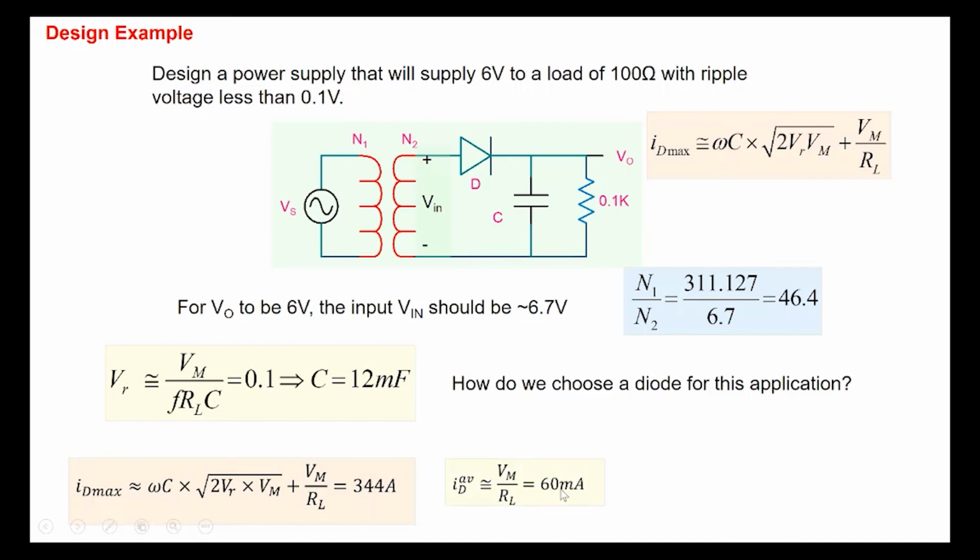Average diode current is 60 milliamperes here. The output voltage was 6 divided by 100 ohms, 60 milliamperes here. And the peak inverse voltage is 2 V0 plus 0.7, or 12.7 volt. So these numbers that we have here for peak diode current, average diode current, and peak inverse voltage can then help us in choosing a suitable diode for our application.